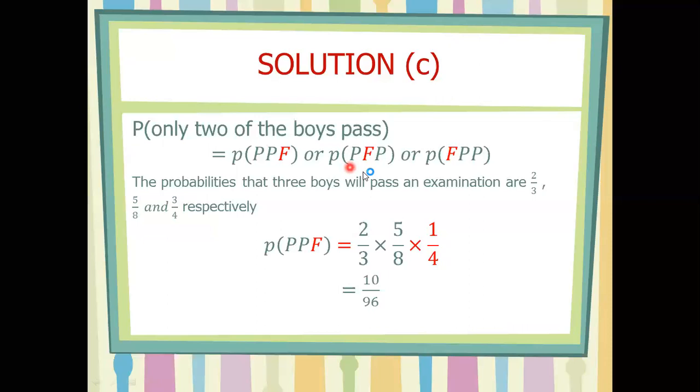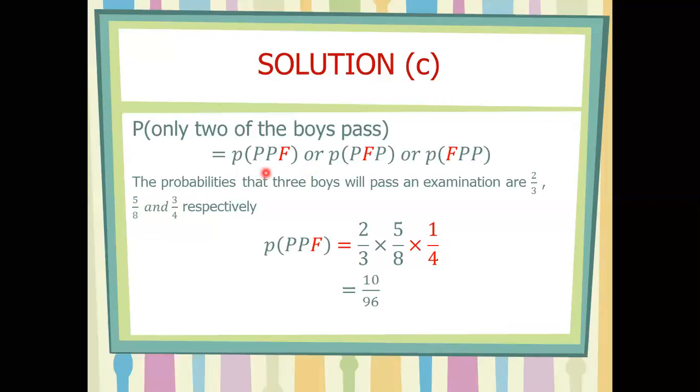That is a possibility. Or we have the possibility of the first boy failing, the second boy passing, and the third boy passing. That is another possibility. So it's either PPF or PFP or FPP. So it's going to be any of these 3. So the OR will make us add the various probability for each of these.